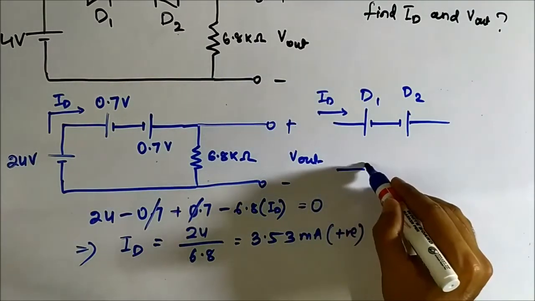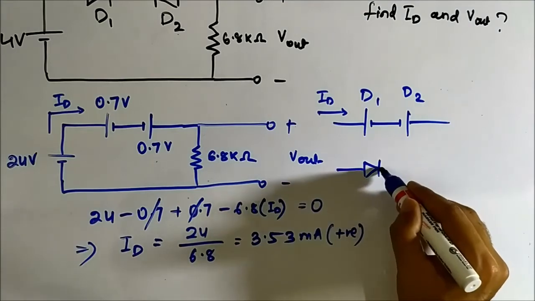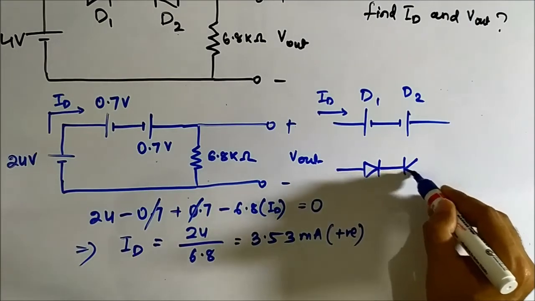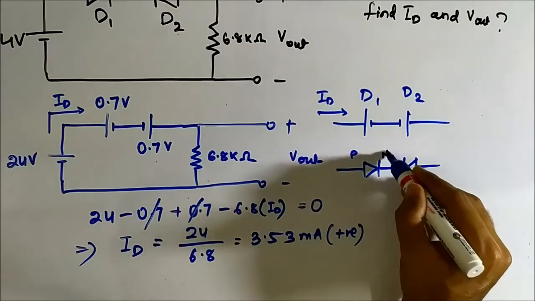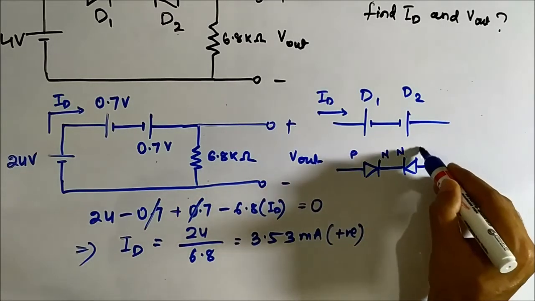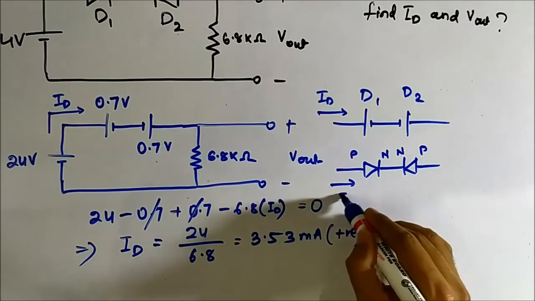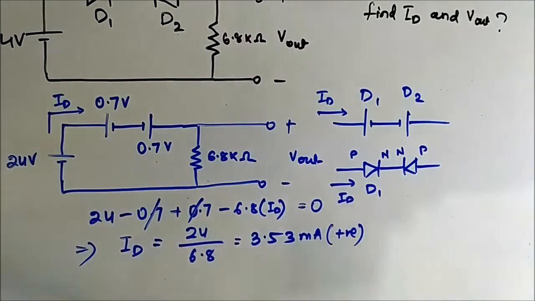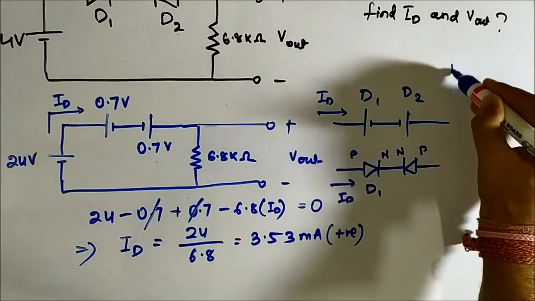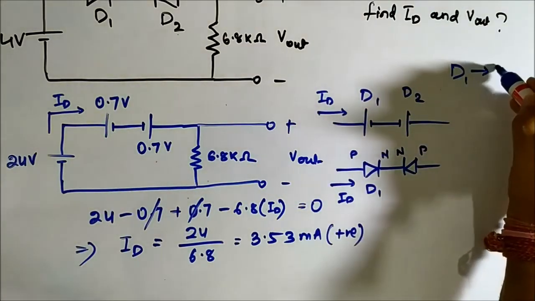It is actually flowing through P, N, N, P. For the first diode D1, it is flowing from P to N, no problem. So diode D1 is forward biased.